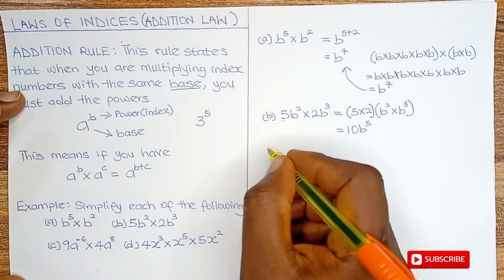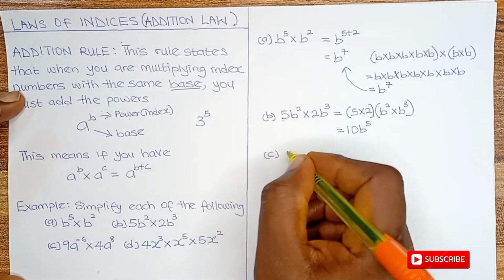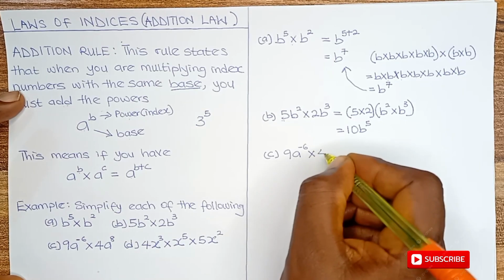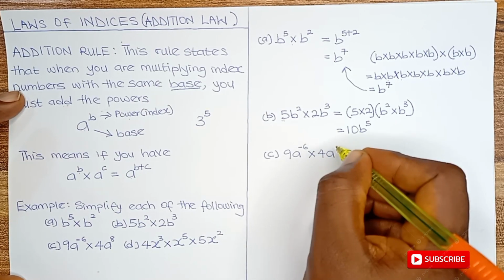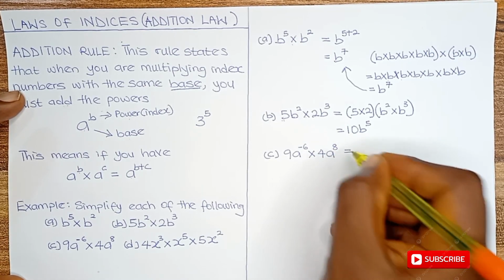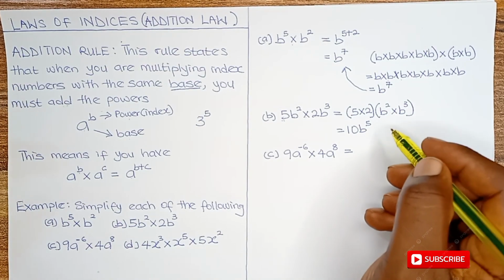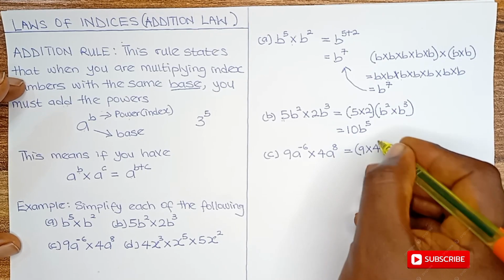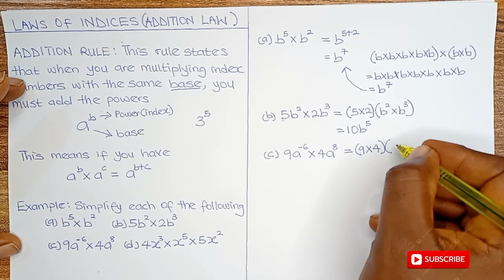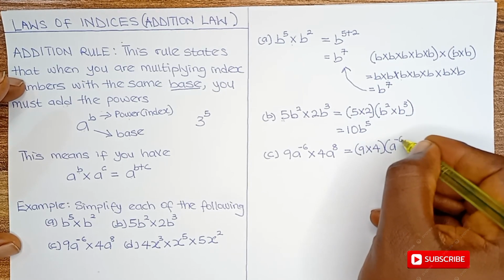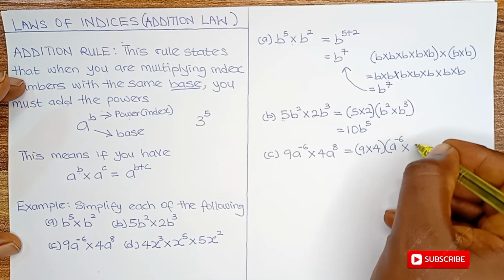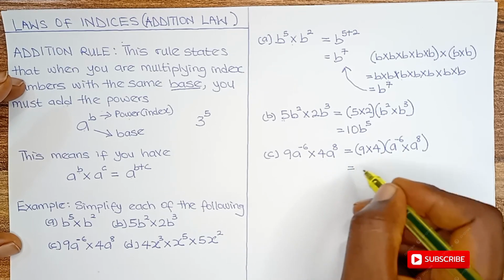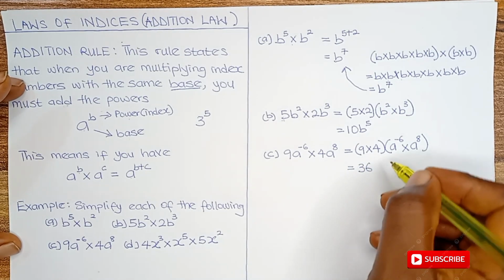Let's look at the third example. C. We have 9a to the power of minus 6 multiplied by 4a to the power of 8. Just as we did here, we bring the numbers together, so 9 multiplied by 4. And in the next bracket, we bring the alphabets together: a to the power of minus 6 multiplied by a to the power of 8. 9 multiplied by 4 is going to give us 36.